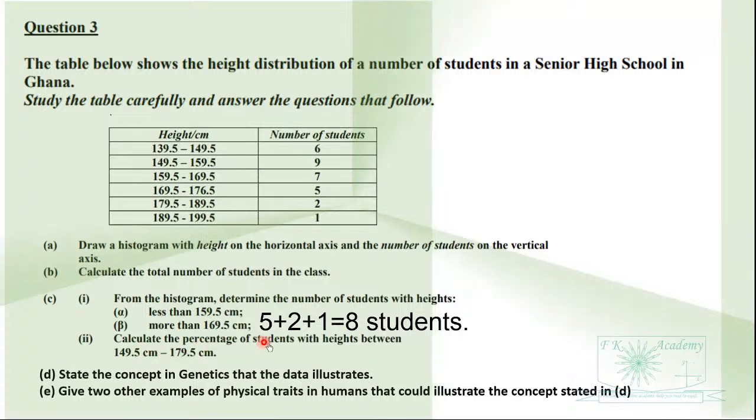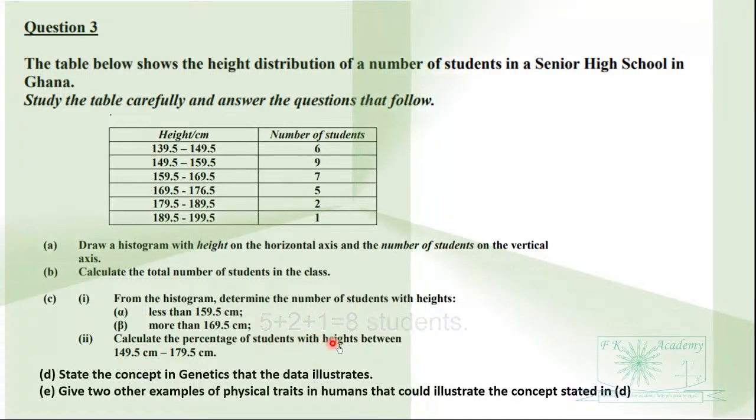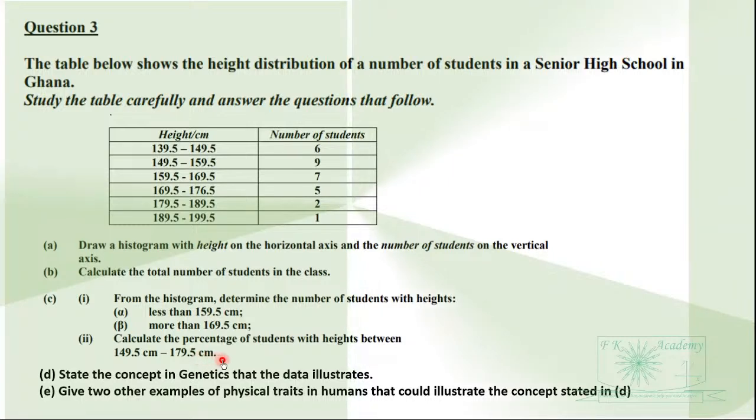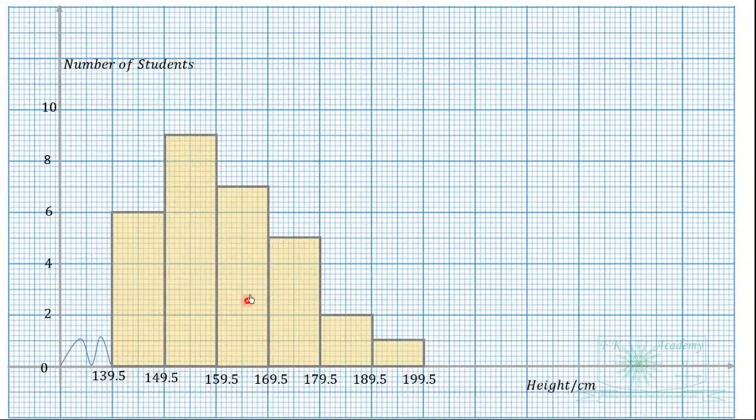We have to calculate the percentage of students with height between 149.5 centimeters and 179.5 centimeters. So 149.5 to 179.5. Between these, we have 9 here, then we have 7 here, making 16. Then we have 5 here, making 21.